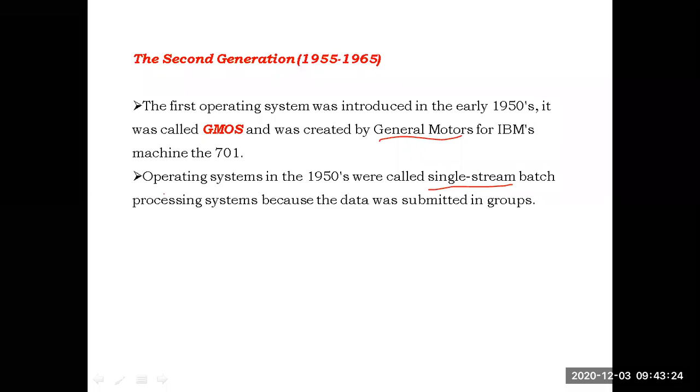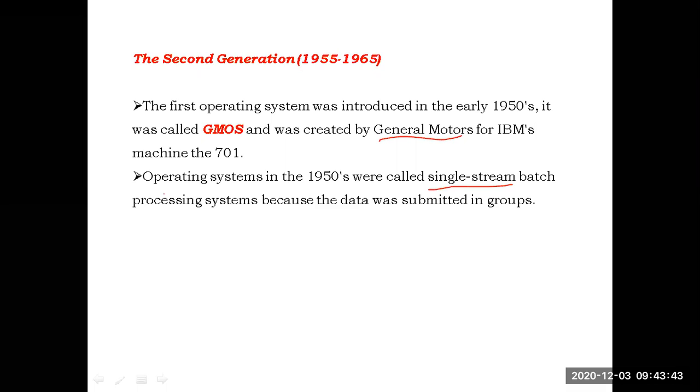Batch 1, batch 2, batch 3, batch 4. Like that, the jobs were submitted to the computers in the form of batches. That's why the operating systems invented at that time are called single stream batch processing systems.